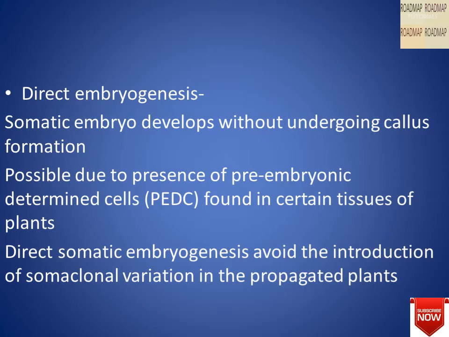Now, direct somatic embryogenesis avoids the introduction of somaclonal variation within the propagated plants. So this is the characteristic feature of direct somatic embryogenesis. Now, this is the basic of direct embryogenesis, that it does not undergo callus formation, it is formed due to the presence of the pre-embryonic determined cells found in certain tissues, and it avoids the introduction of somaclonal variation in the propagated plants.